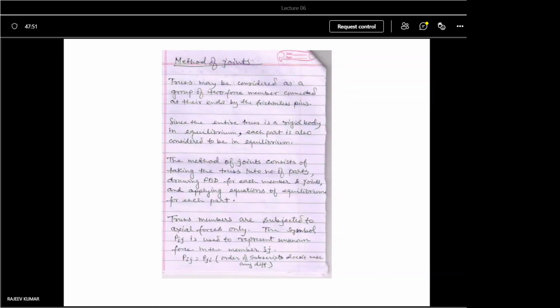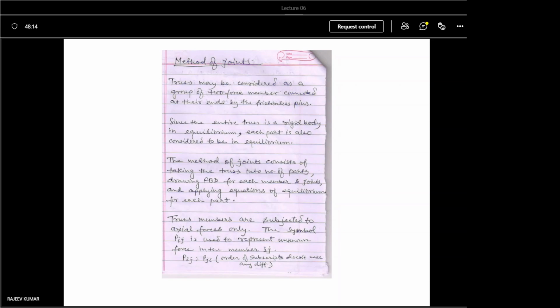You have to study both. You have to calculate the forces in the members by the method of joints and by the method of sections. One by one we will discuss. First we will discuss the method of joints, and then the method of sections, and what the difference is between the two.